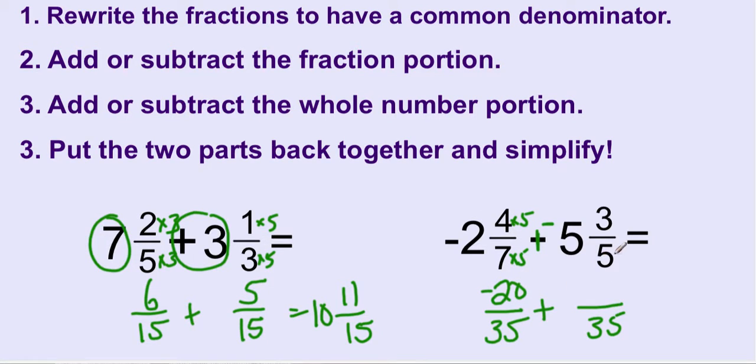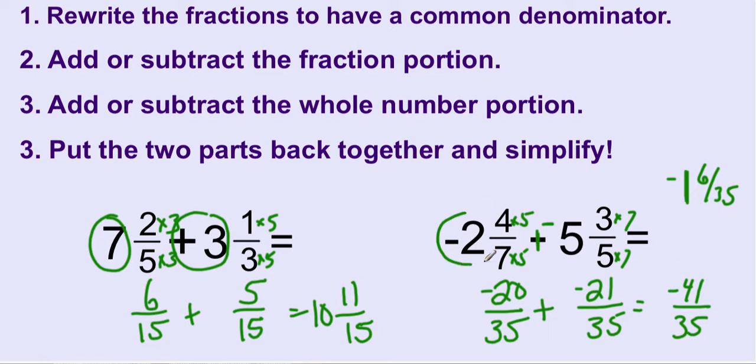From 5 to 35, I multiply times 7, so I do the same thing up top and get -21. -20 plus -21 is -41/35. That's an improper fraction, so I need to know how many times 35 can go into 41. It can go in 1 time, and then I would have 6/35 left over, so I have a -1 6/35.